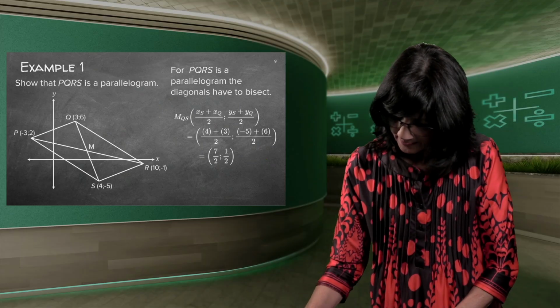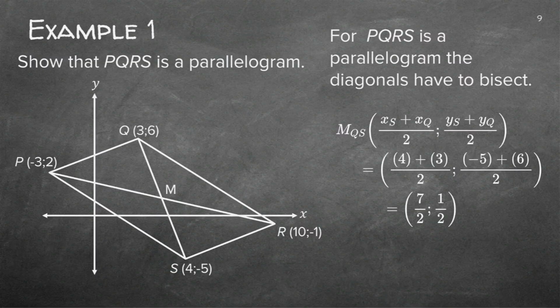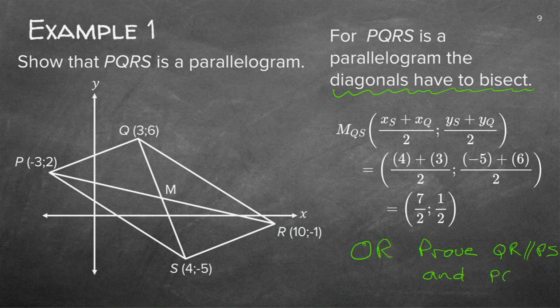And after you've redone it, you can check. I'm just going to underline there: diagonals have to bisect. That is one way. Remember, I'm just going to write here, or prove QR parallel to PS and PQ parallel to RS.